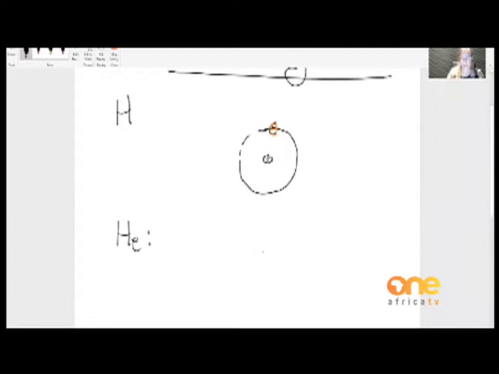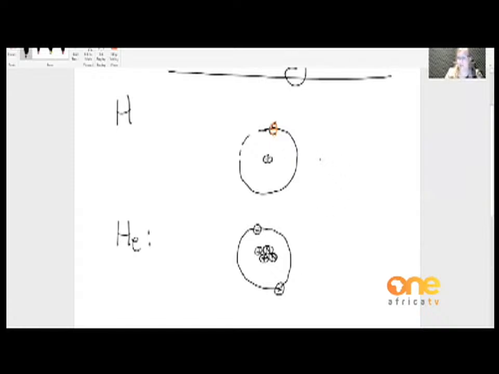So helium looks like this. It's got 2 positive protons in the center, and it's got 2 neutral neutrons. I'm just going to mark them an N. And then, floating around it, it's got 2 negative electrons. So this is what helium looks like.